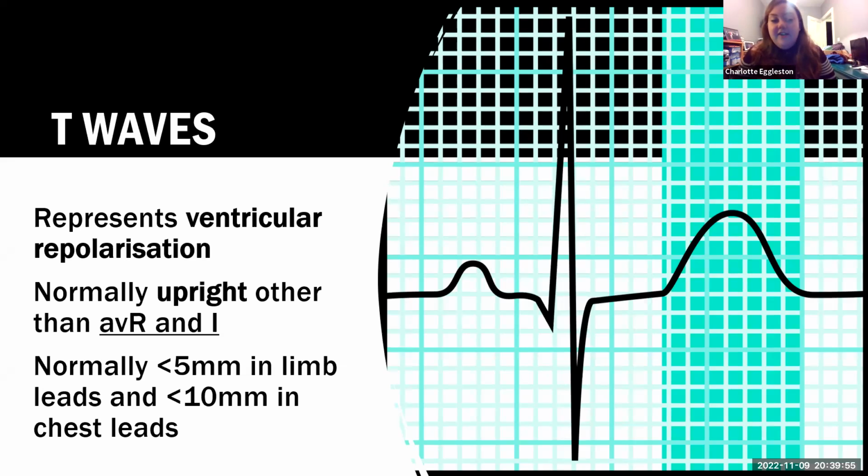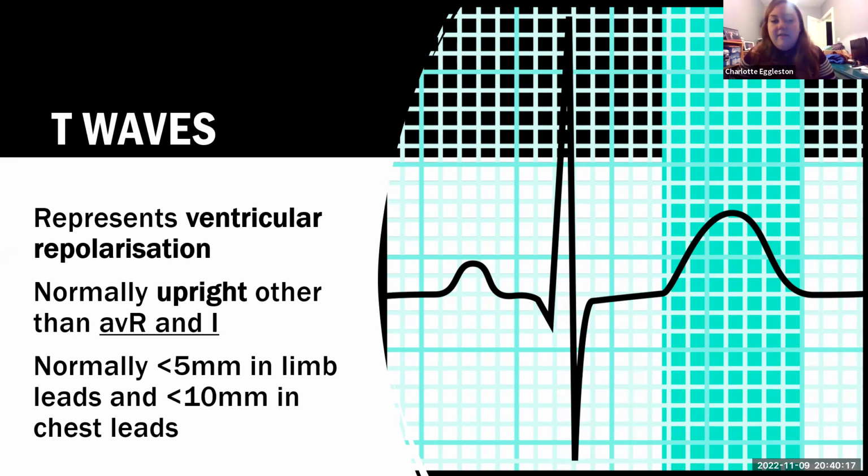And then finally, just T waves. This is definitely the thing I found all of my students, if they had no idea what was going on with an ECG, they'd all plump for tall-tented T waves, because sometimes the T waves can look a bit weird. The T wave itself is the ventricular repolarization. They're normally upright in all the leads, other than that often they're upside down in aVR or lead 1.